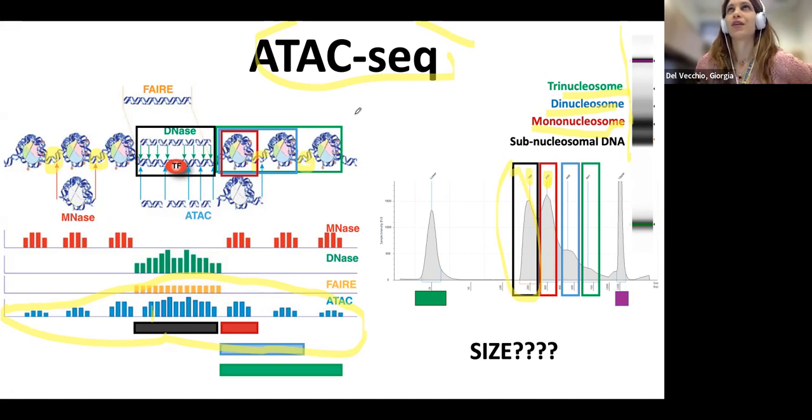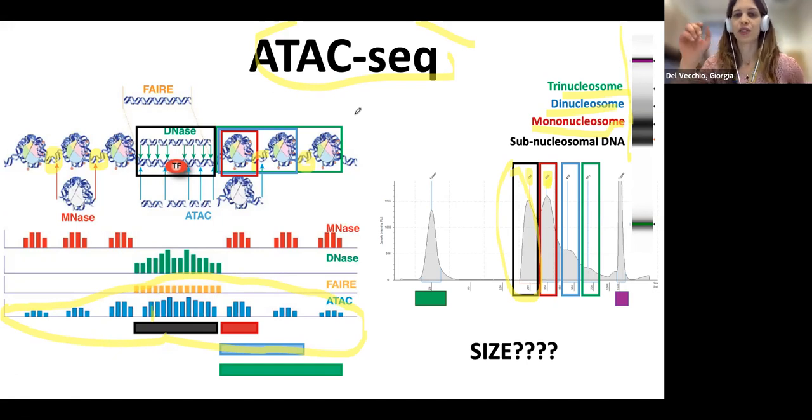If you think about the gel of our final library, we saw the size of the contaminants, especially the adapter dimers.